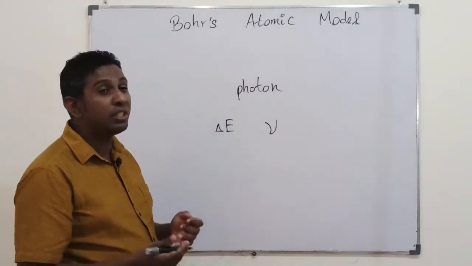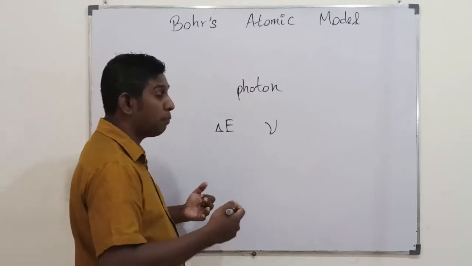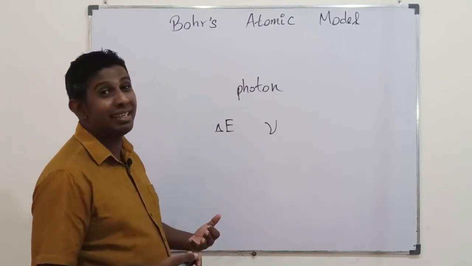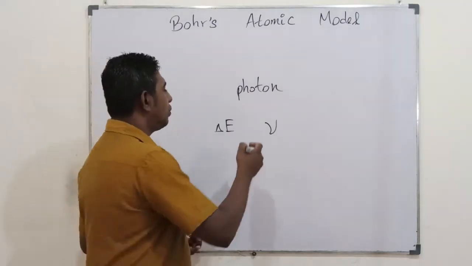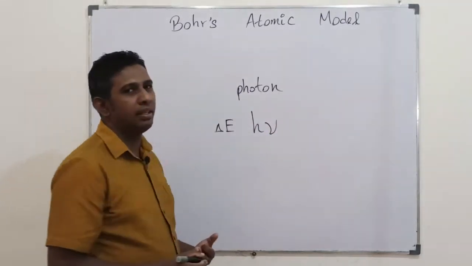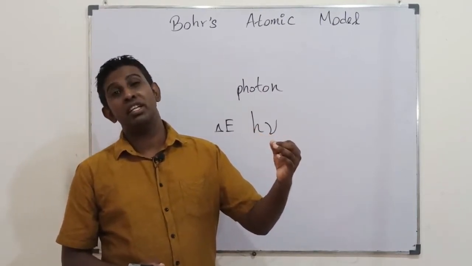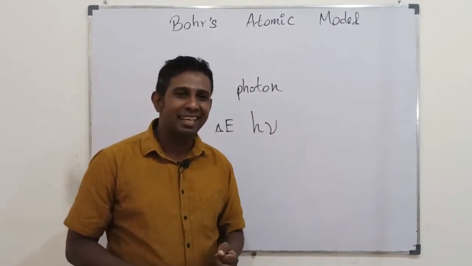The constant of proportionality we found out in our earlier lesson. It was Planck's constant, which takes the value 6.626 × 10^-34 joule seconds.